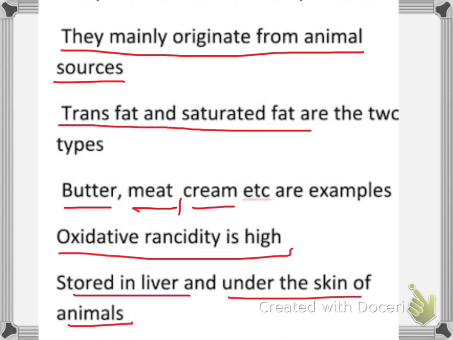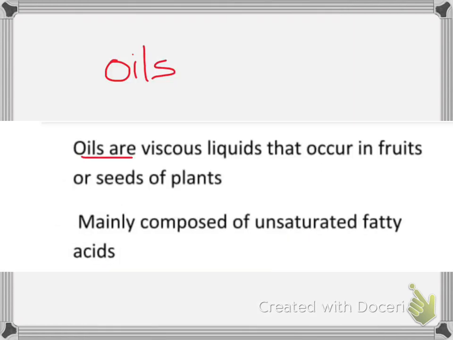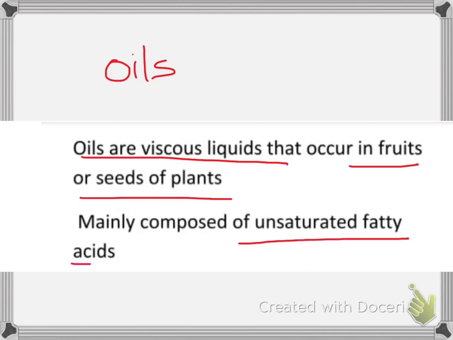These are all about fats. Now let us discuss oils. Oils are viscous liquids that occur in fruits or seeds of plants. They are mainly composed of unsaturated fatty acids.